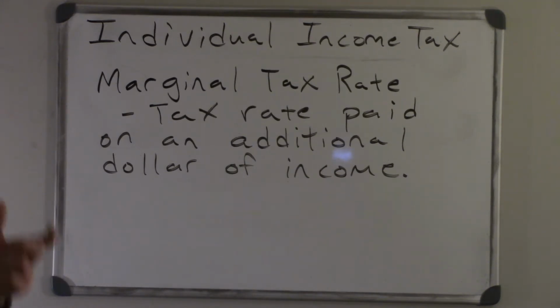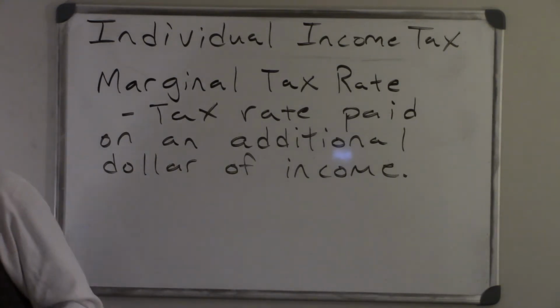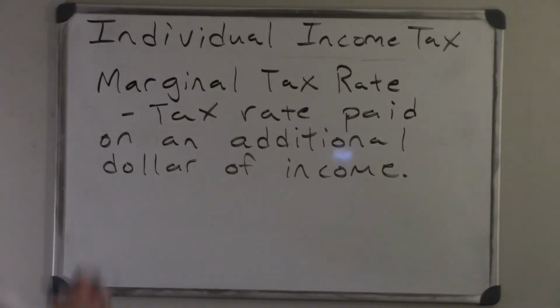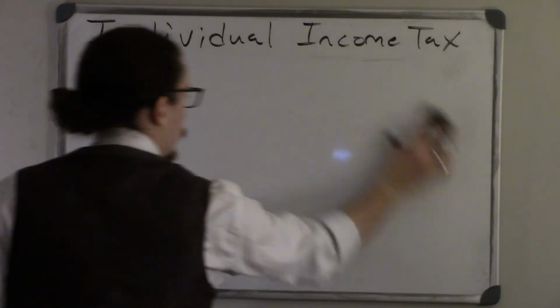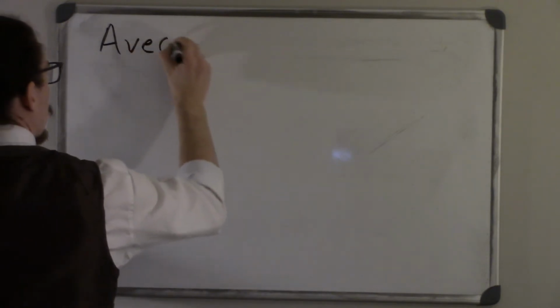If you go to the next bracket, you pay that percent only on the income that falls into that bracket. That is your marginal tax rate. This is distinct from the average tax rate.